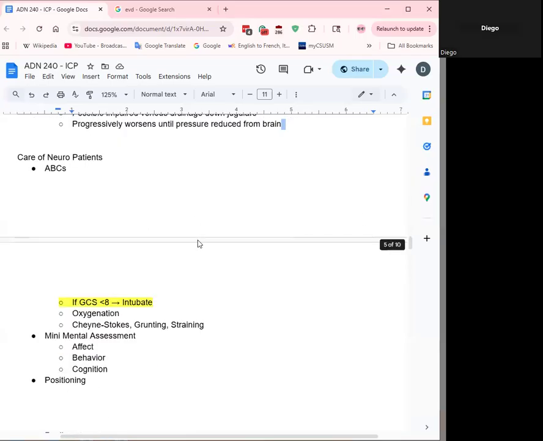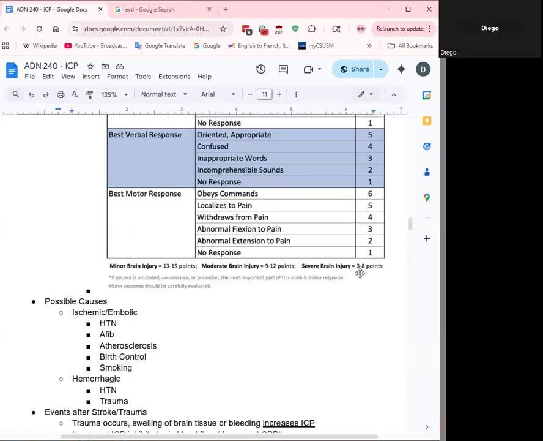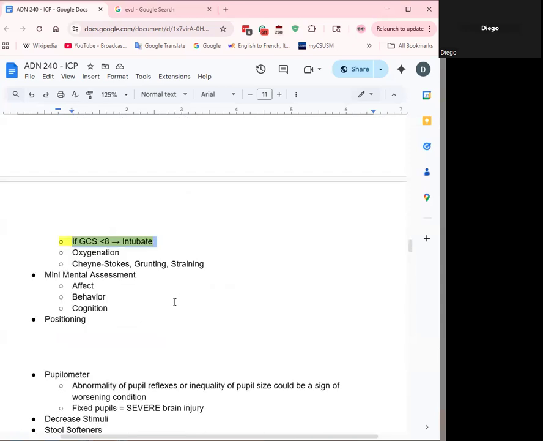Okay. So overall, in the care of neuro patients, you're going to focus on your ABCs. With your Glasgow coma scale, if that number is less than 8, which signifies severe brain injury, they're going to want to be intubated because at that point, they're not really going to be able to breathe on their own.